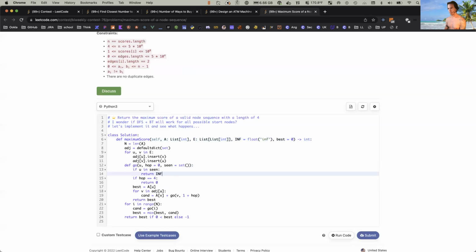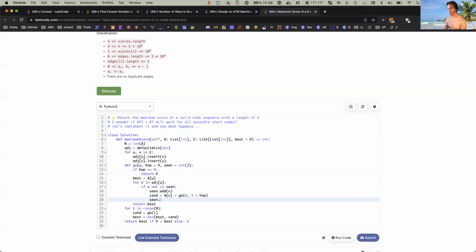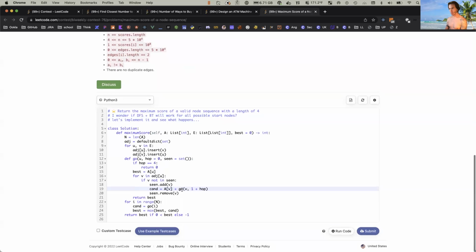Shoot, I don't want to go back to that thing. Or actually, let's do this. Let's not even consider it as a possibility. If v not in seen: seen dot add v, seen dot remove v. Backtracking for that, right? Add it, stick it on there, come back out. It's a different candidate. Best.